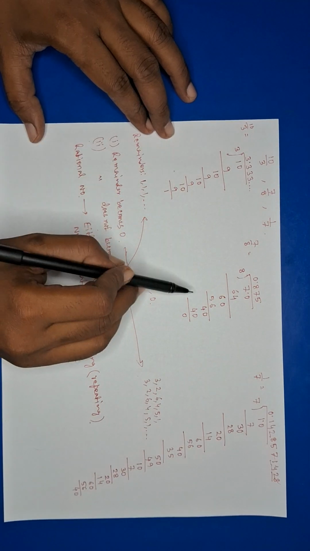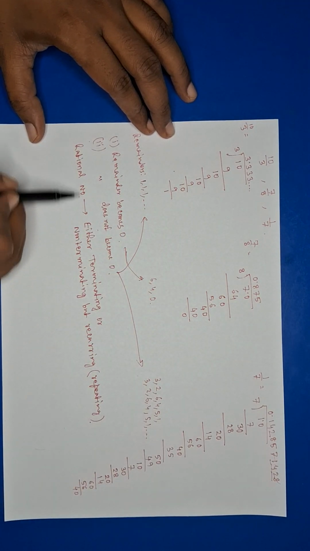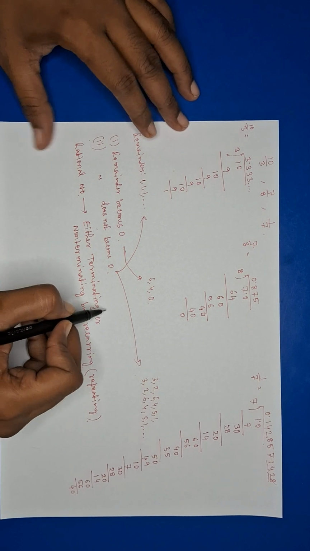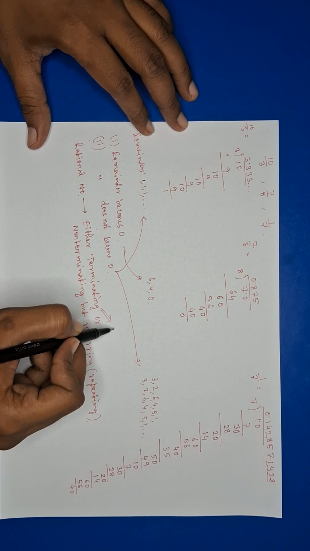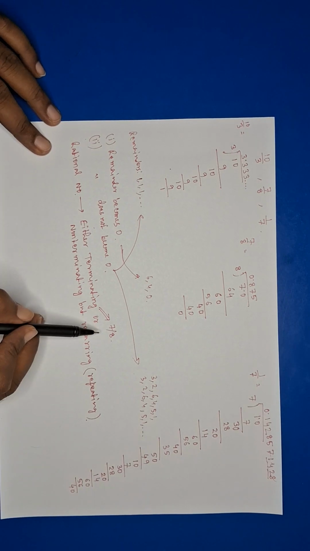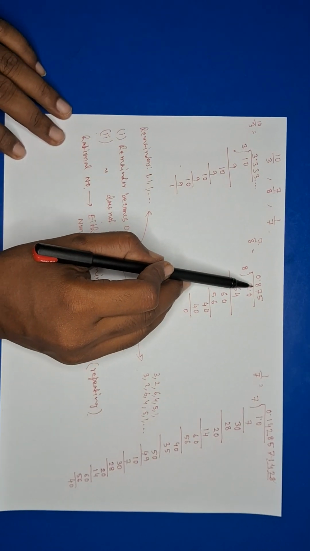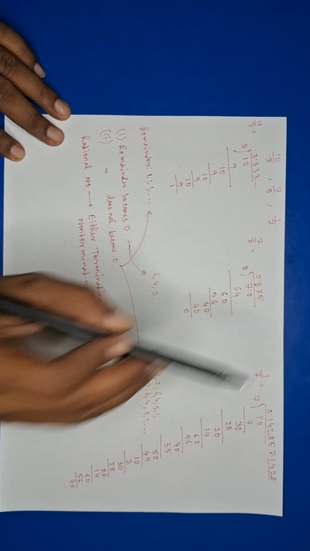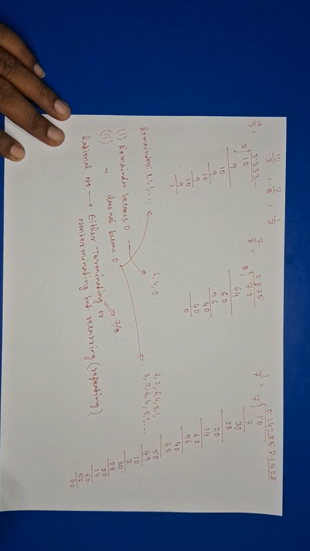Now for these three cases, this terminating case is true for 7 by 8. Here the quotient is terminating, 0.875. After that the division stops.